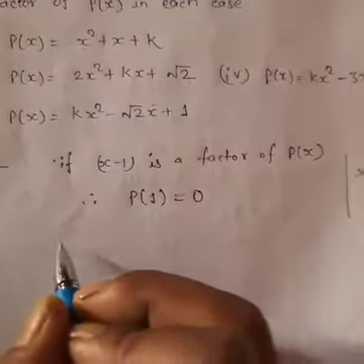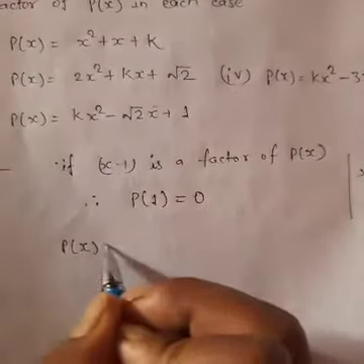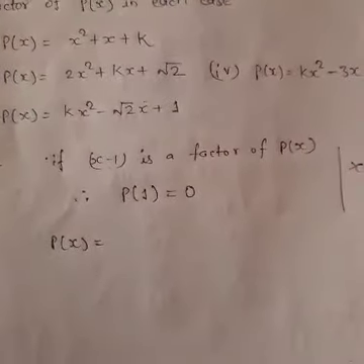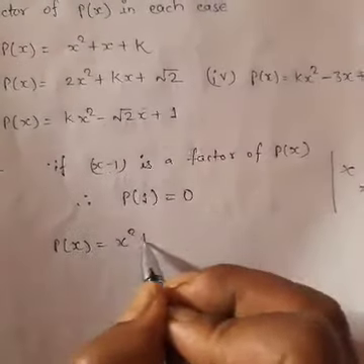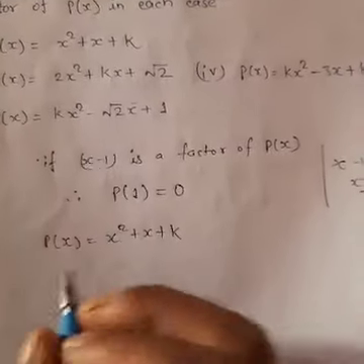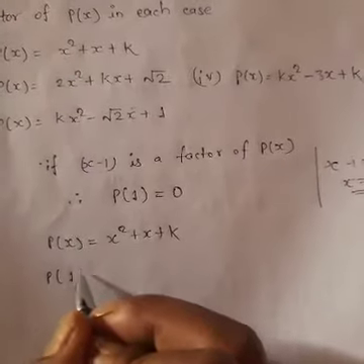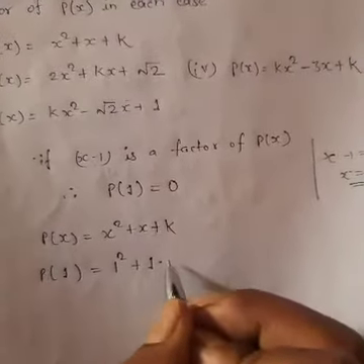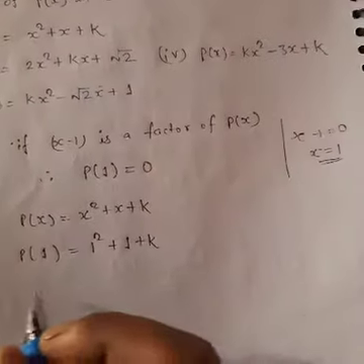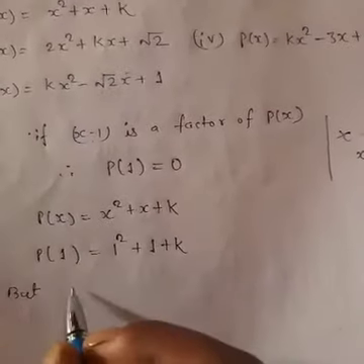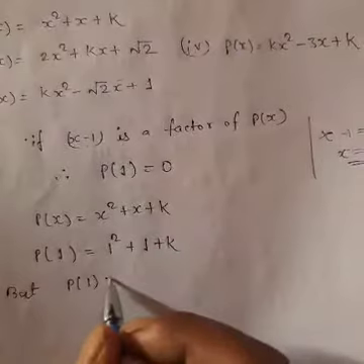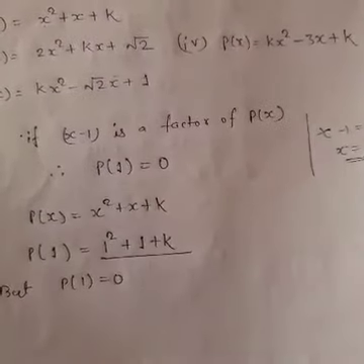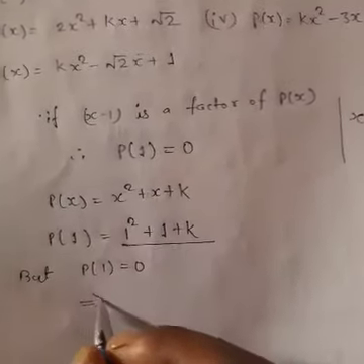Now taking question number 1, p(x) equals x square plus x plus k. So p(1) equals 1 square plus 1 plus k, but p(1) equals 0, so its right hand side should also be 0.